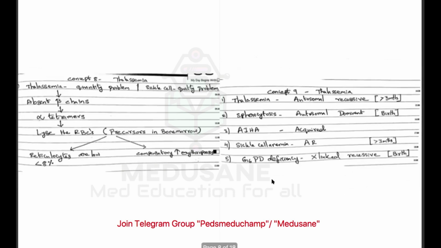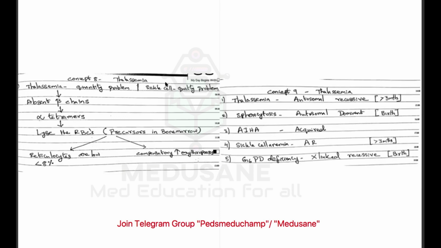Okay. So concept 8, thalassemia is a quantity problem. And sickle cell is a quality problem. So in thalassemia, everything is normal, but only the chains are less in number. Either it is absent beta chains or it is less in number as in thalassemia intermedia.